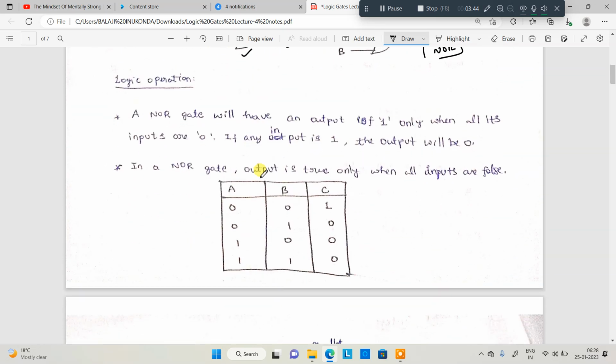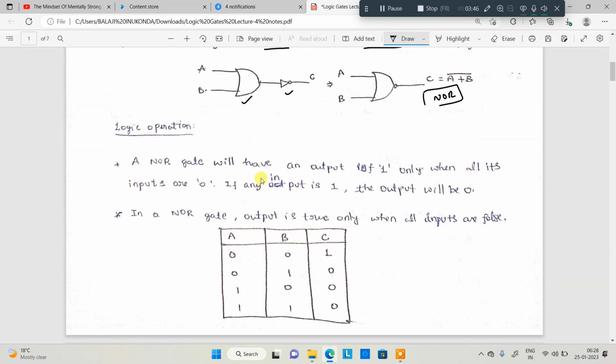Look at the truth table. The NOR gate function is C equal to A plus B whole bar. For example, A is equal to 0 and B is equal to 0. 0 plus 0 is 0, 0 bar is 1. That means when both the inputs are 0, the output is 1. See here, the truth table. Second case, for example, A is equal to 1, B is equal to 1.